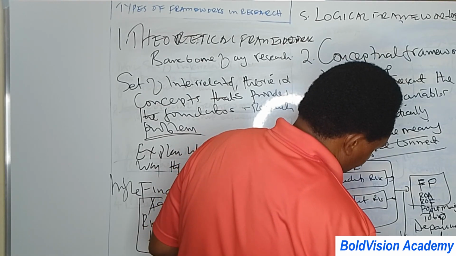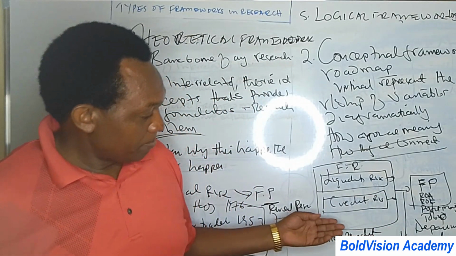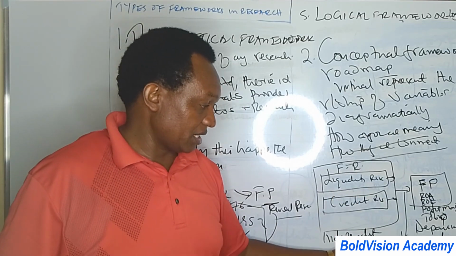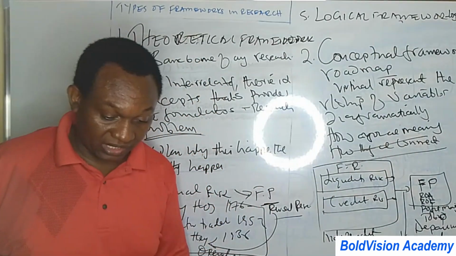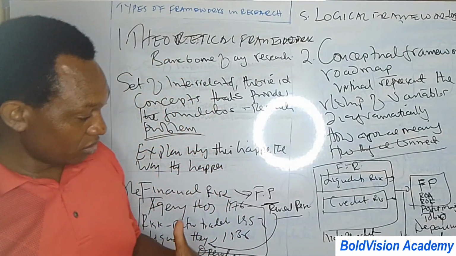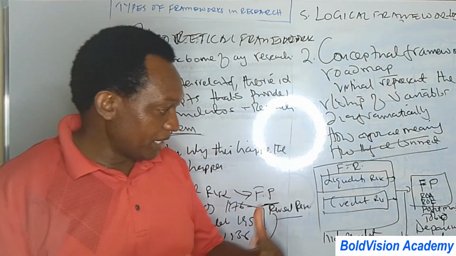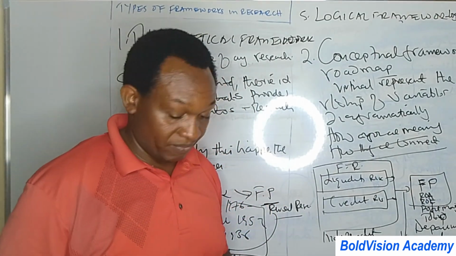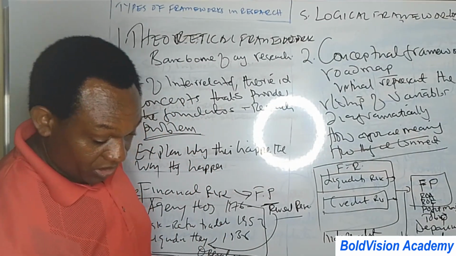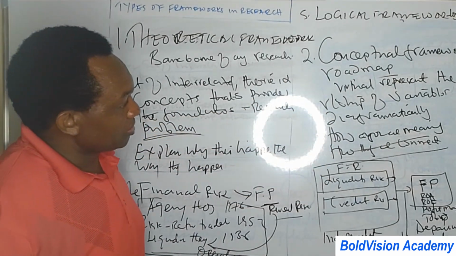Why I've selected this is because a big organization has a better hand on how it manages its different risks than a small firm. So the size of the business matters. When you are doing that research, you need to control the size, or you need to know that there is a moderating variable, the firm size. The big firm has a better way of managing risk than a small firm. And that becomes very key in whatever we are doing here. So that is how we can structure our conceptual framework.